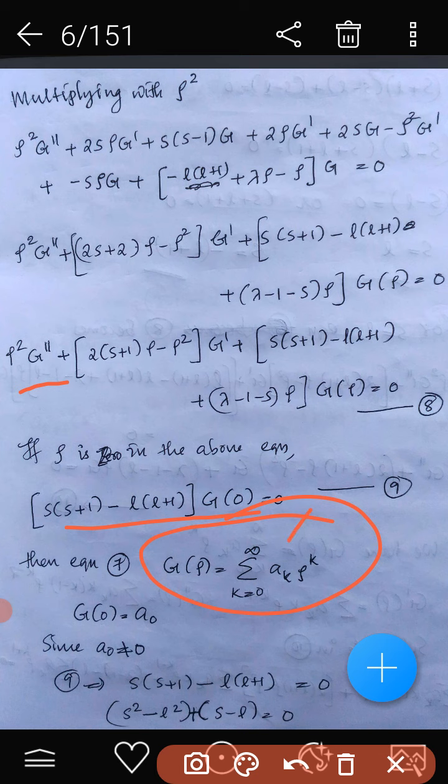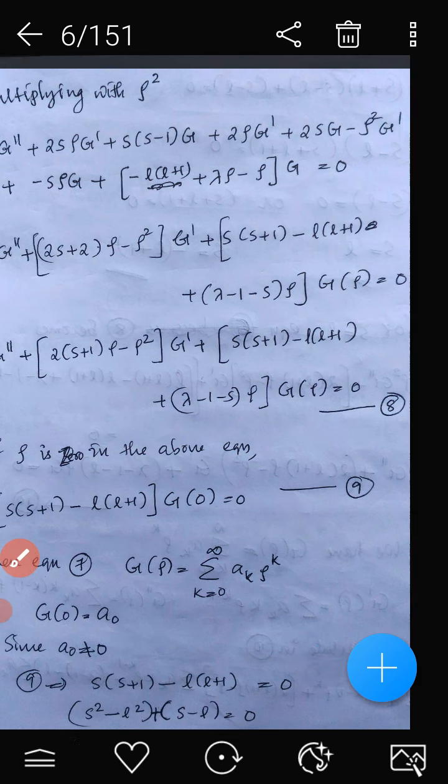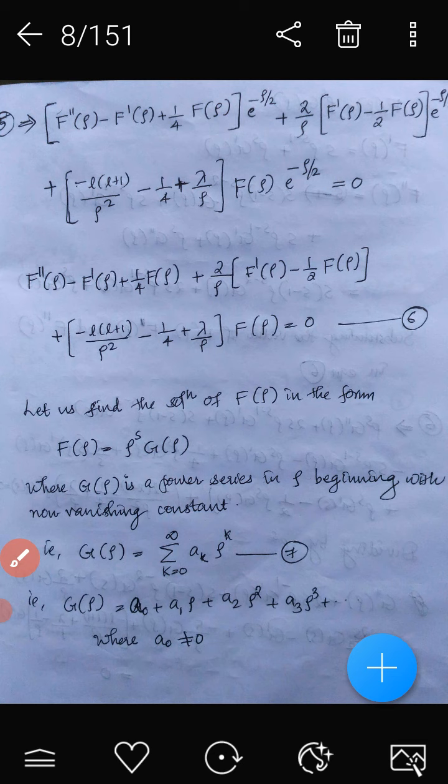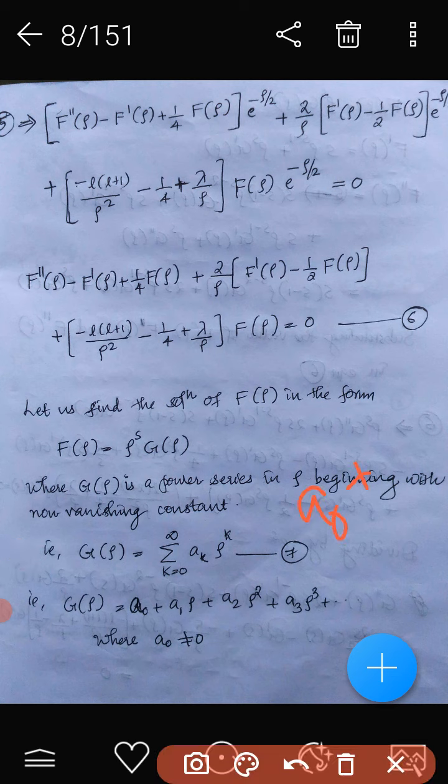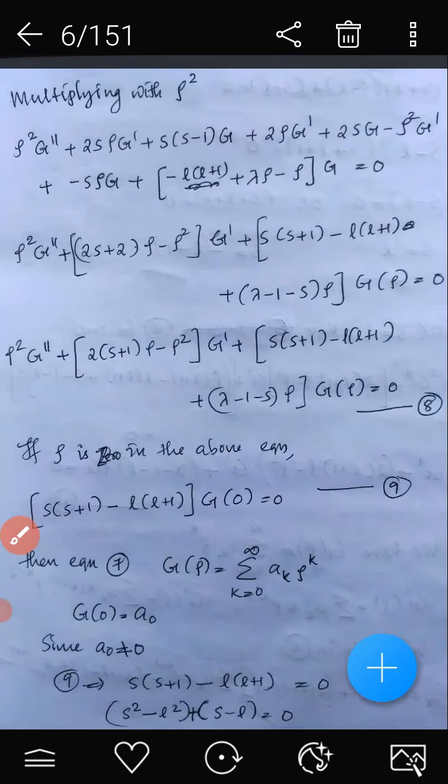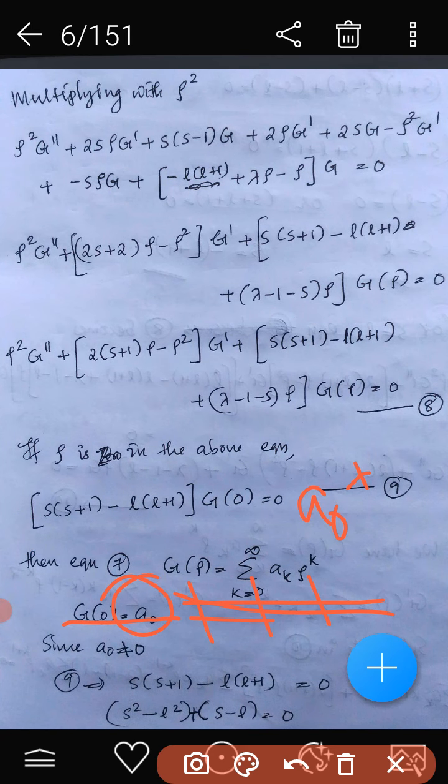If rho is 0, it means only the first term, a0, remains. g rho is equal to a0 plus other terms; if rho is 0 these terms will be cancelled, then we are left with the first term a0. That's why g0 is equal to a0, where a0 is not equal to 0.